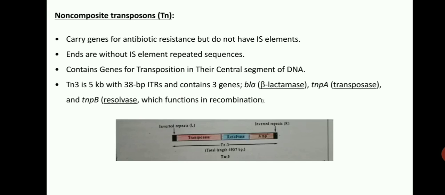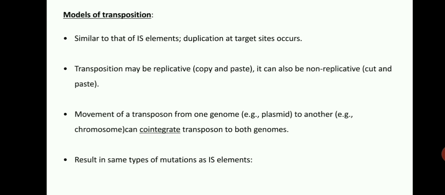Both types of transposons cause duplication of the target site like IS elements. As for the models of transposition, they transpose similar to IS elements, and duplication of the target site occurs here.